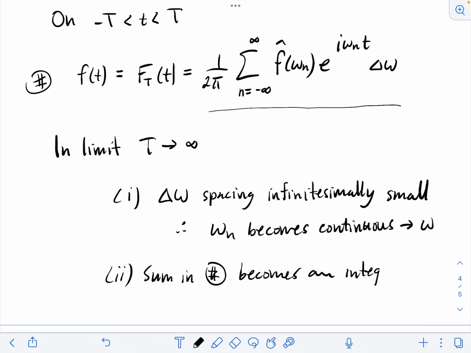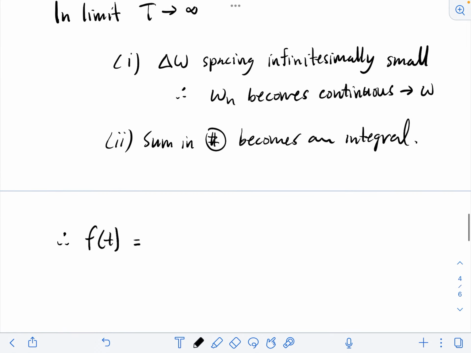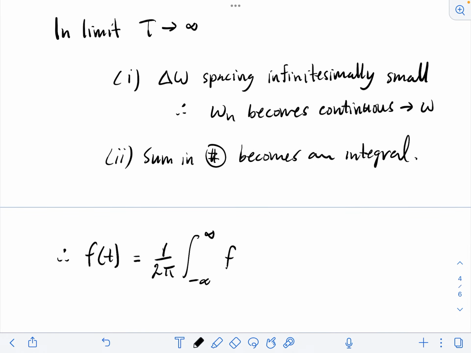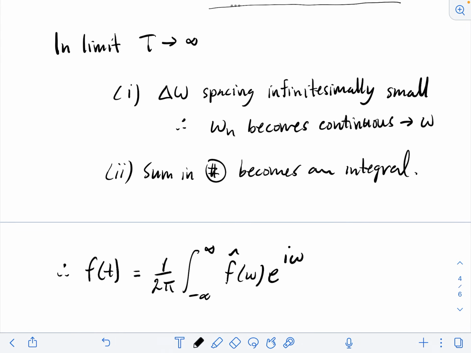Okay, so let's write that sum as an integral. We have f of t, our function of time, is, there's still a 1 over 2 pi. The sum becomes an integral. And then we have f hat of omega, but omega has become a continuous variable. And then we had e to the i omega t. Delta omega becomes infinitesimal, so we'll write that as d omega.